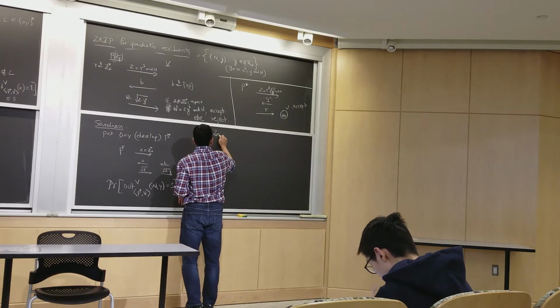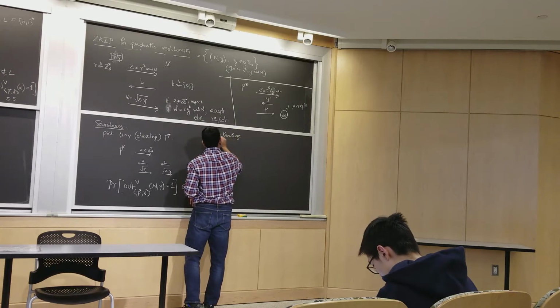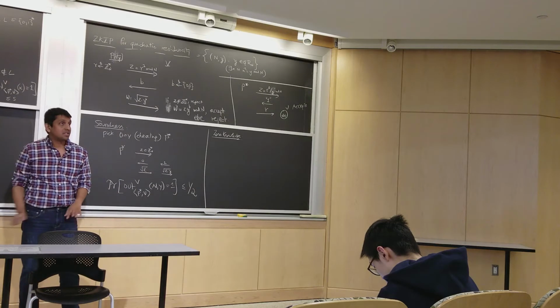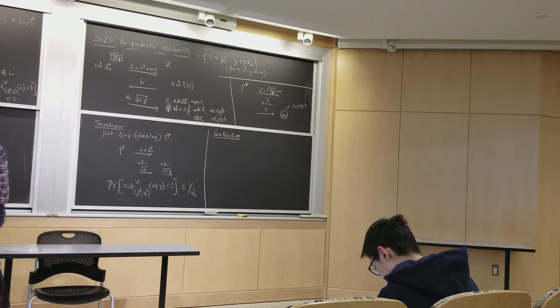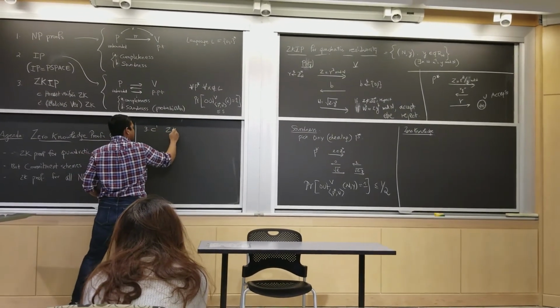Okay. Now I want to show zero knowledge. Really, I'll jump to the deep end and I'll actually show zero knowledge against arbitrary verifiers, malicious verifiers. And what is the zero knowledge definition? Let's recall the zero knowledge definition.